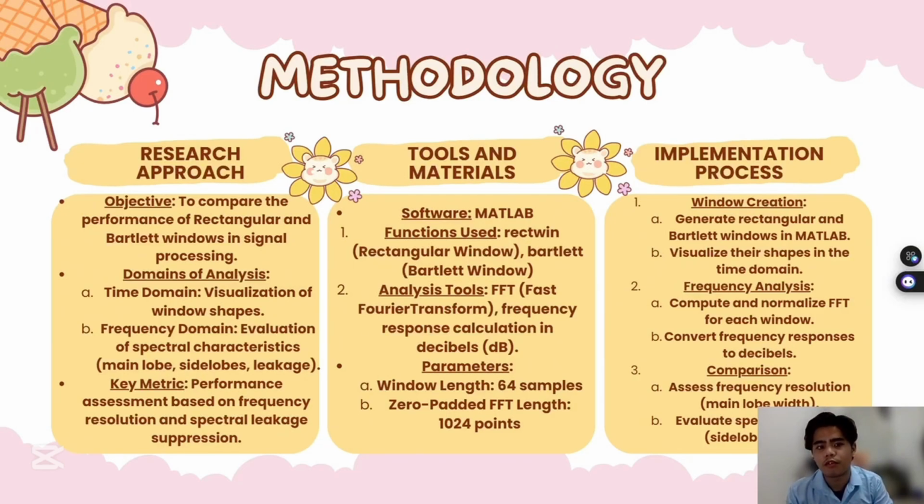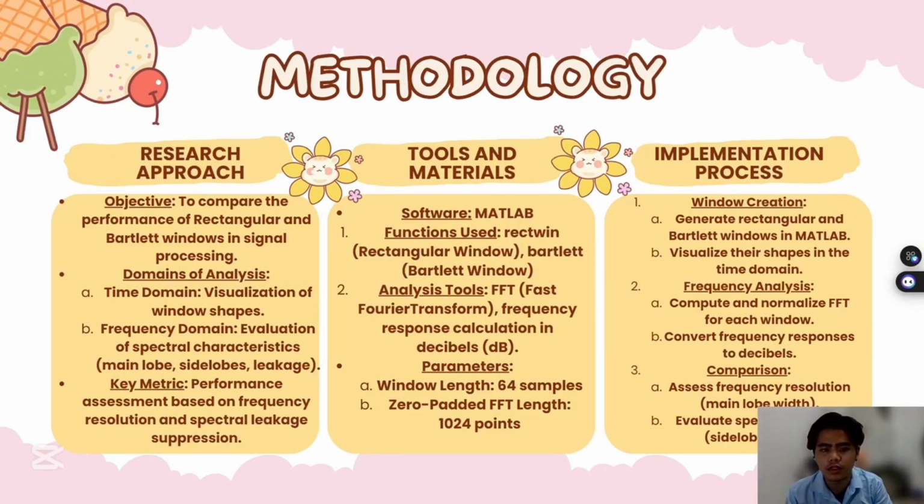For the domain of analysis, we have two domains. The first one is the time domain, which is the visualization of the window shapes, and the second is the frequency domain, which is the evaluation of the spectral characteristics.